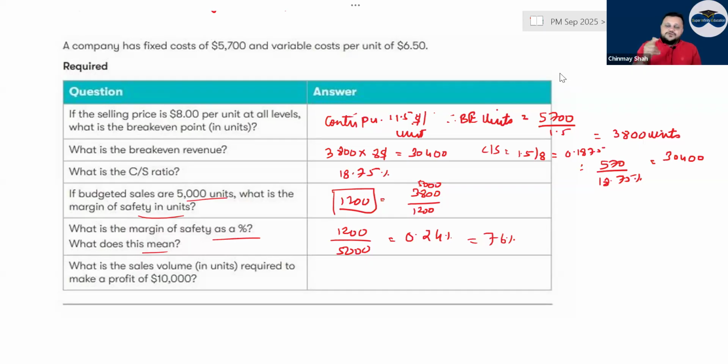Without my help, can you do it? This is nothing but total sales at profit 10,000. Go to the total sales formula, in units.